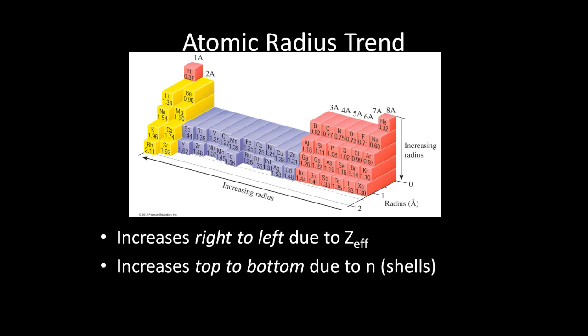And so if you look at the trends for the periodic table, as you move across the periodic table from right to left, remember, the effective nuclear charge moves from left to right, but as you move from right to left, you're getting a larger and larger radius because of the decreasing effective nuclear charge in this direction. Remember, effective nuclear charge is +1 for these elements, +2 for these elements. Move over to here, it's +3, +4, +5.